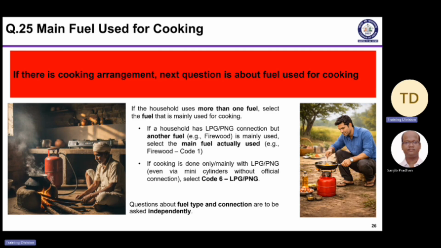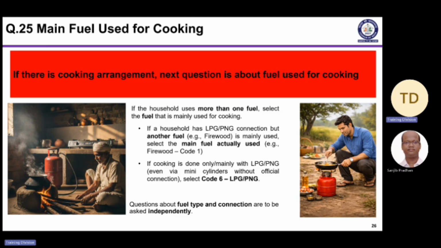There are some things you have to focus on. If a household has an LPG or PNG connection but uses another fuel, for example firewood, mainly, then our code will be one, firewood. That's a pictorial representation.